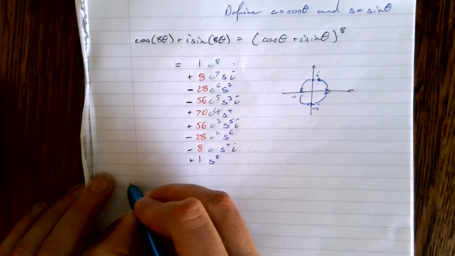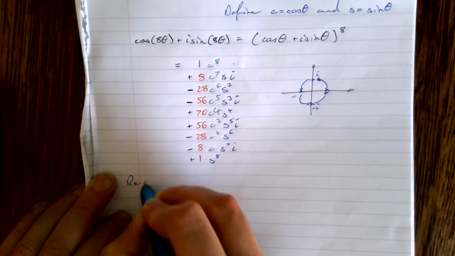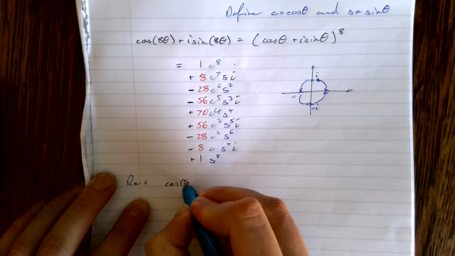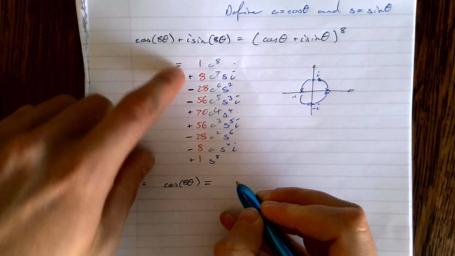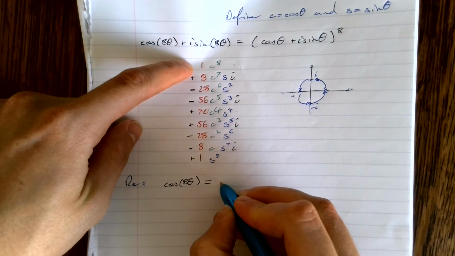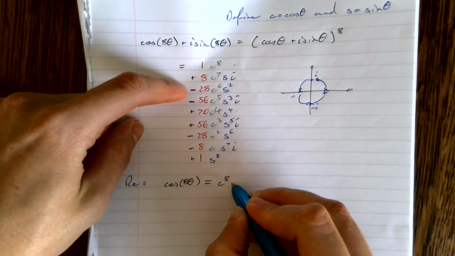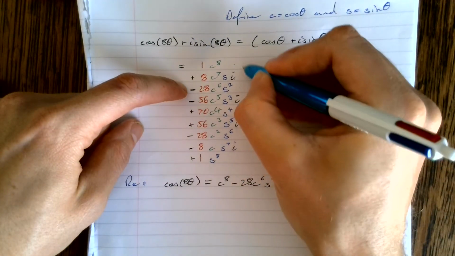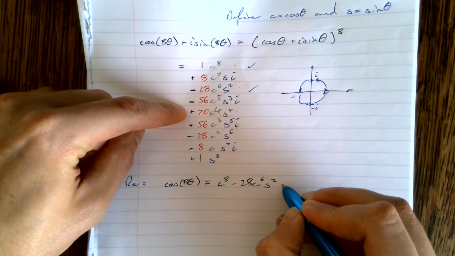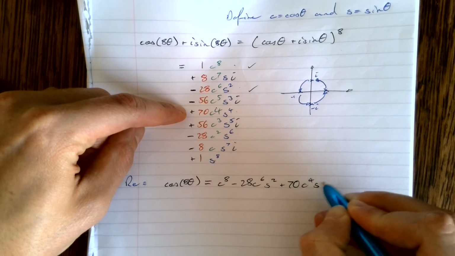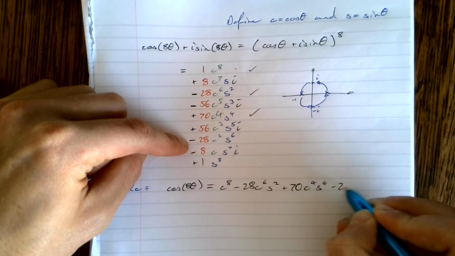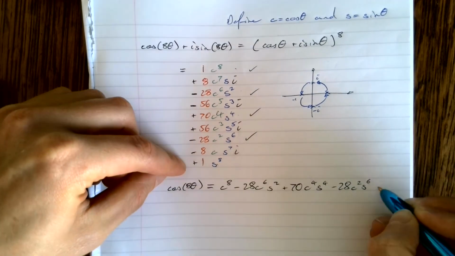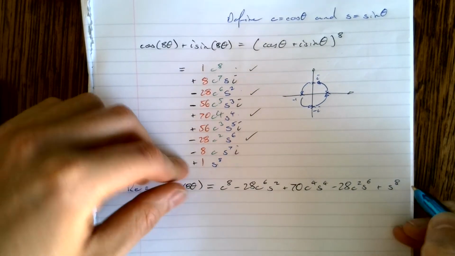I get, then, that cos of 8 theta equals cos to the 8 minus 28 cos to the 6 sine squared. So I've got that. Cos to the 4 sine to the 4 minus 28 cos squared sine to the 6 plus sine to the 8.